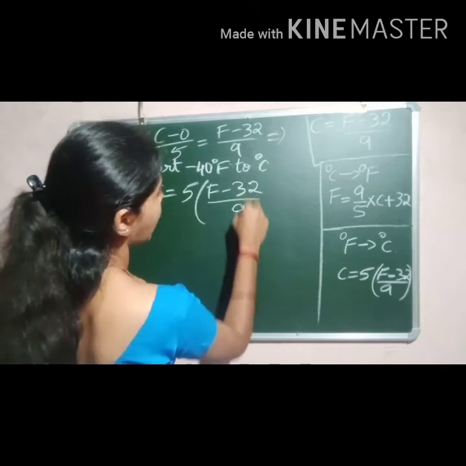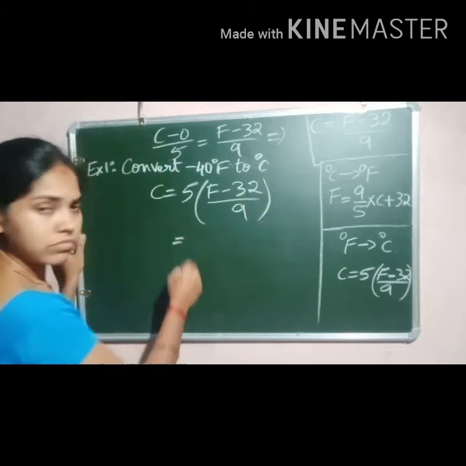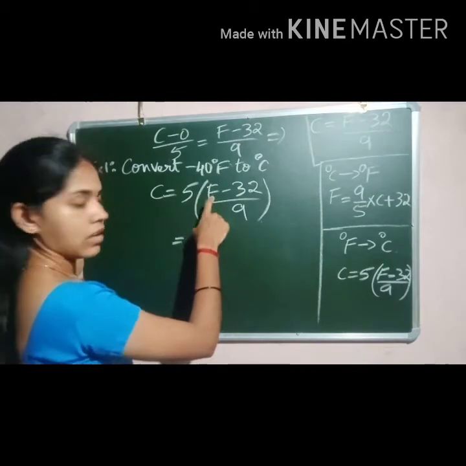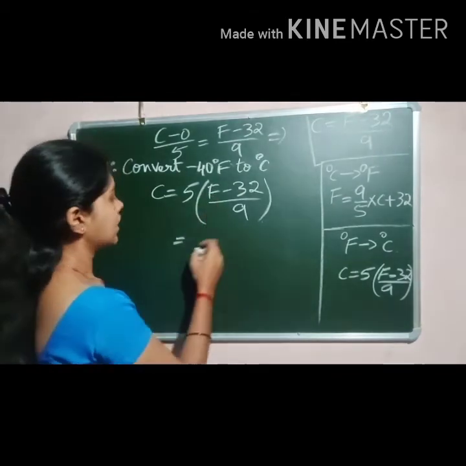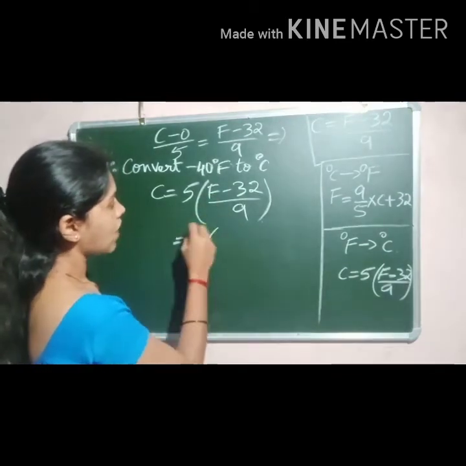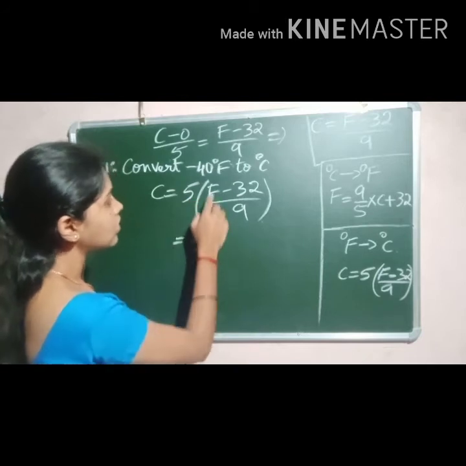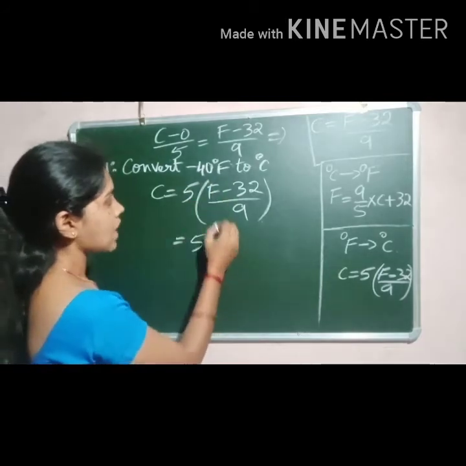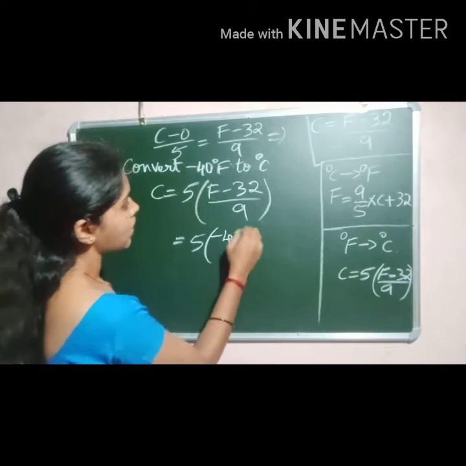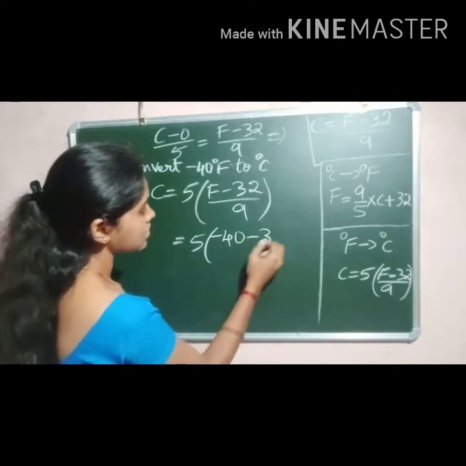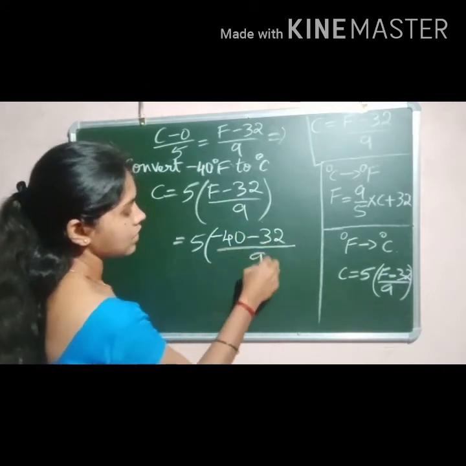Now replace F by minus 40. So minus 40 minus 32, divided by 9.